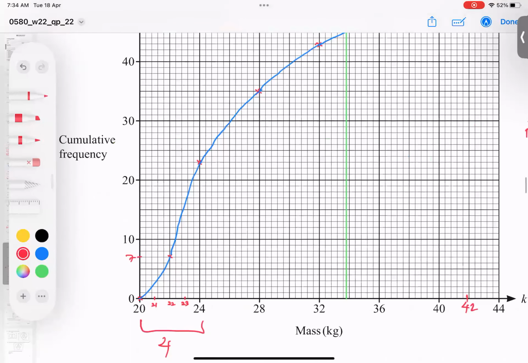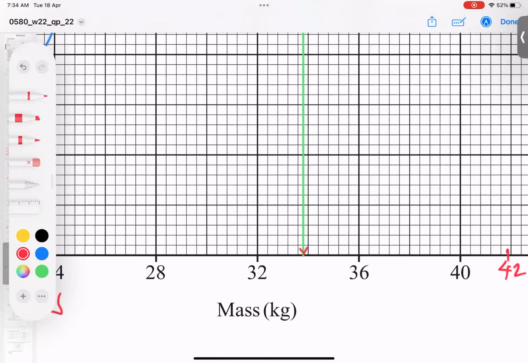So what is the answer coming here? And you know, this number is not exact, so you know, this is 32 and here it is 34, because of the average of that.